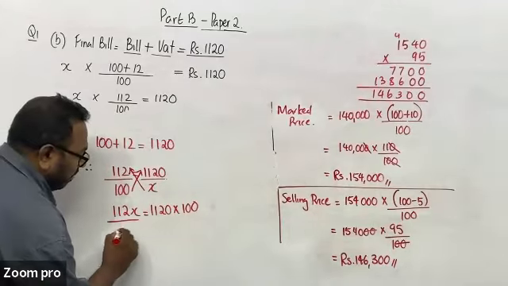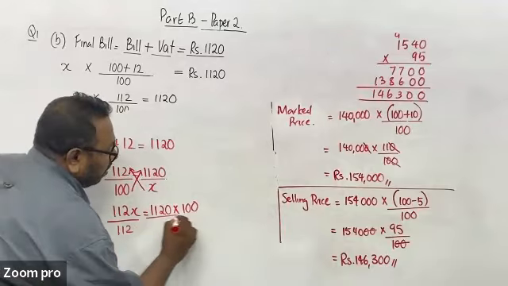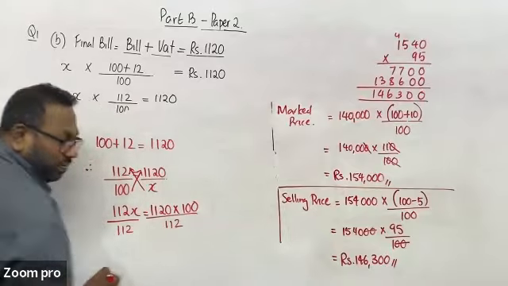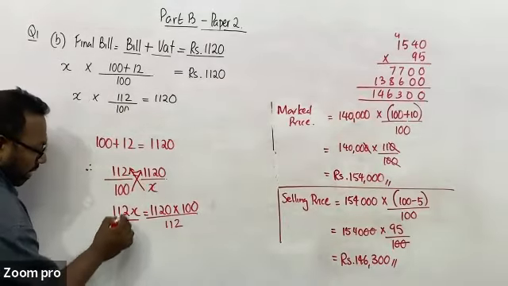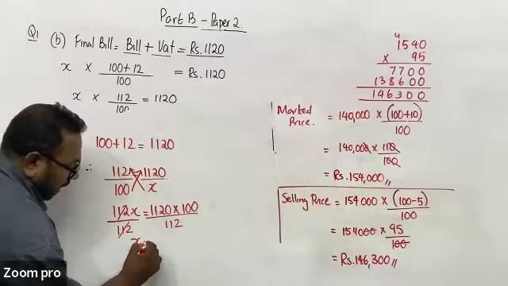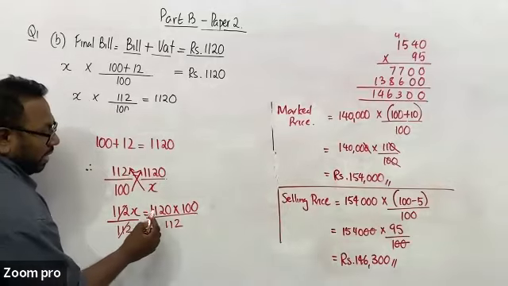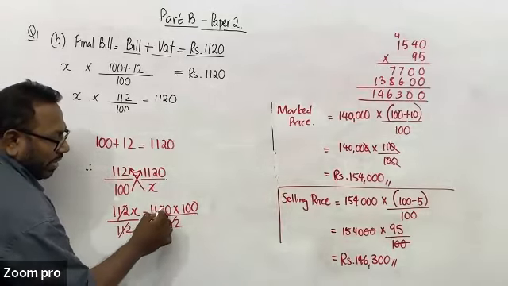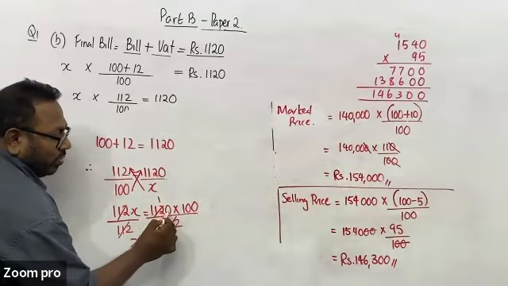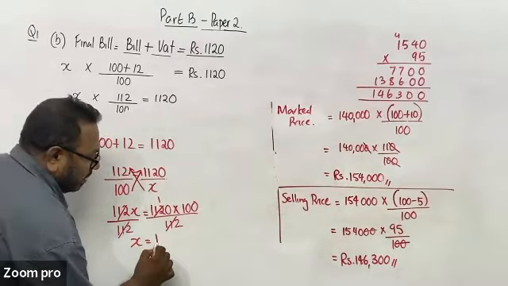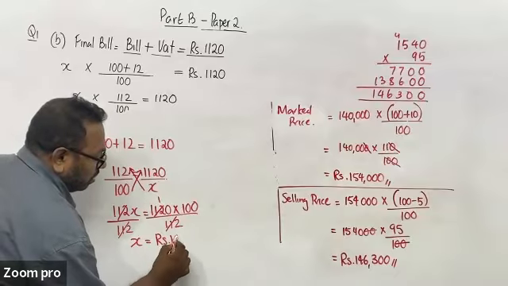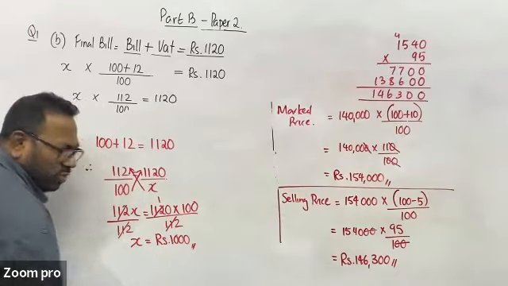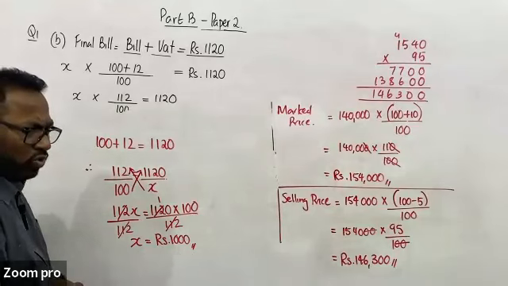Divide by 112. 112 cancels. X is equal to 1120 divided by 112, which is 10, so 10 into 100 is 1000. So you can use the direct proportion method also to find this.